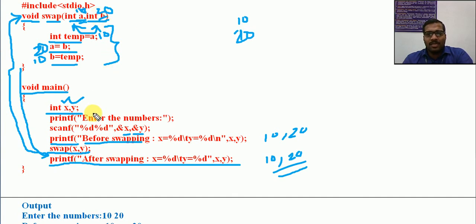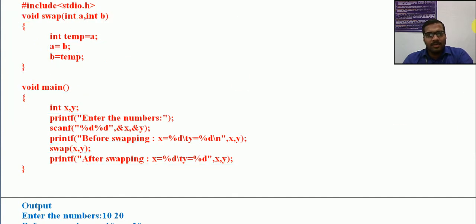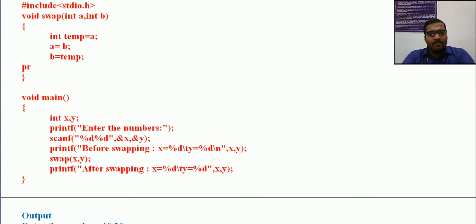If you want to see the exchange in this area, just after this statement, I can write printf with percentage d. Percentage d means the exchanged value.